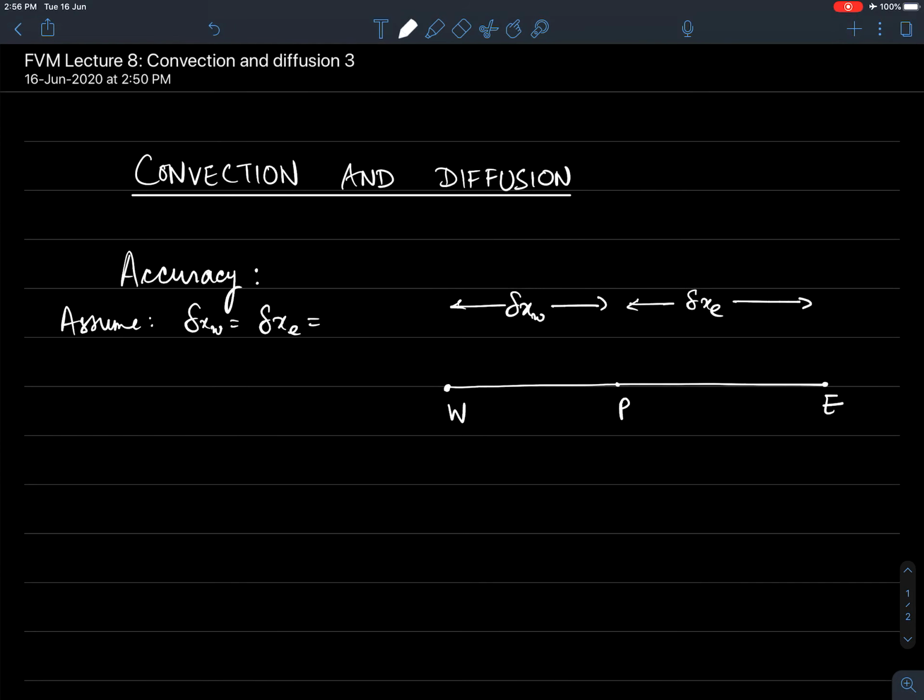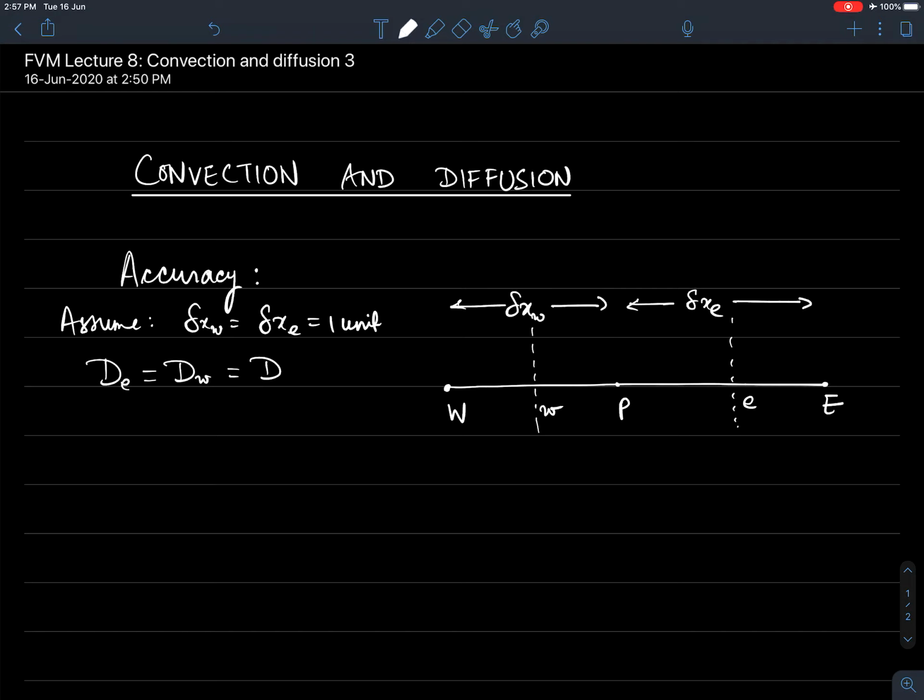Let's say this is 1 unit. We'll take the control volume faces as w and e as usual. Also, to show you some key aspects, let me assume that dE and dW are given by D, so they are the same, or basically the diffusion conductance is the same.